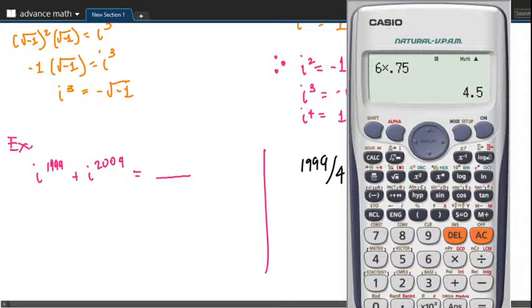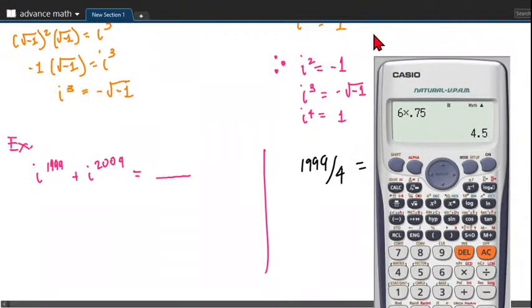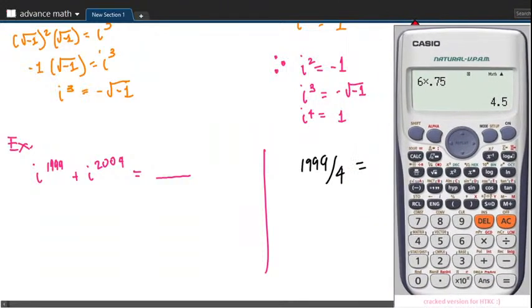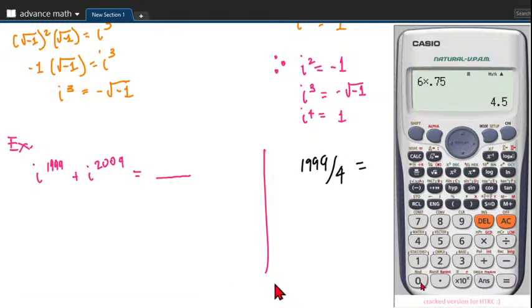Okay, so we have here our calculator. 1999 divided by 4 will be equal to 499.75.